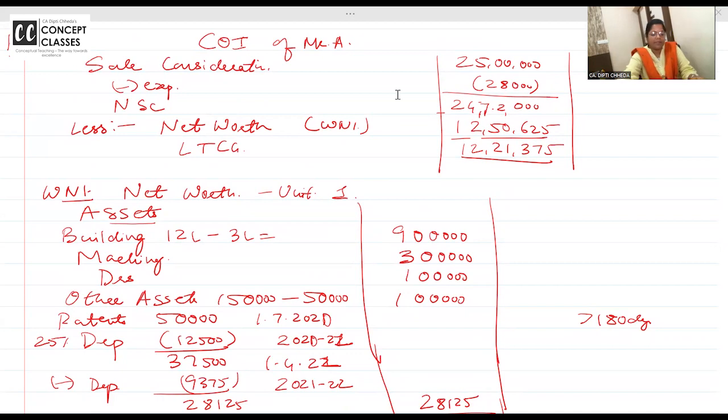Long term capital gain. 12,21,375, correct, and it is long term. Easy or not? Everyone in the class will be able to do it.